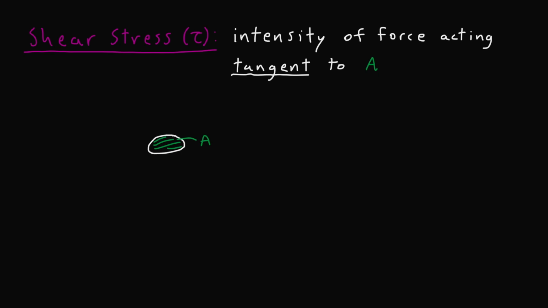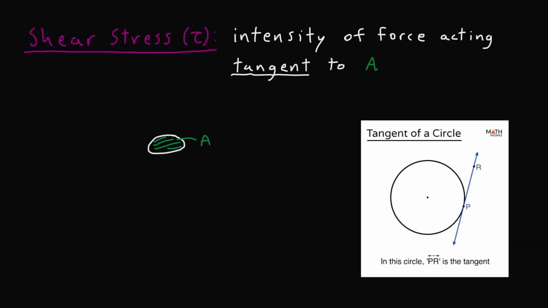So again, let's say we have a surface with an area just like so. Based on your knowledge of trigonometric terms, what do you think a force tangent to this area would look like? Well, something tangent basically means that something barely touches a surface at a point, such as a line to a curve.